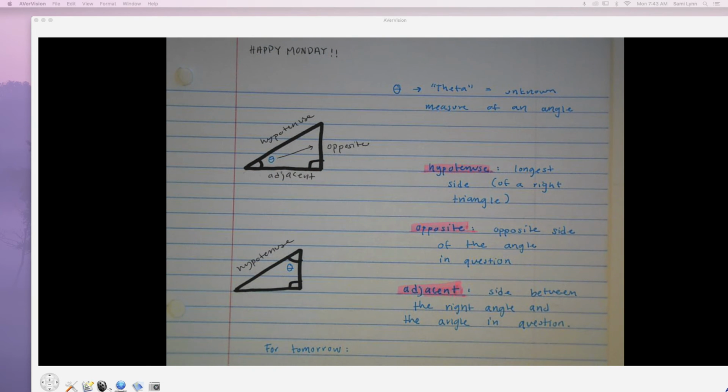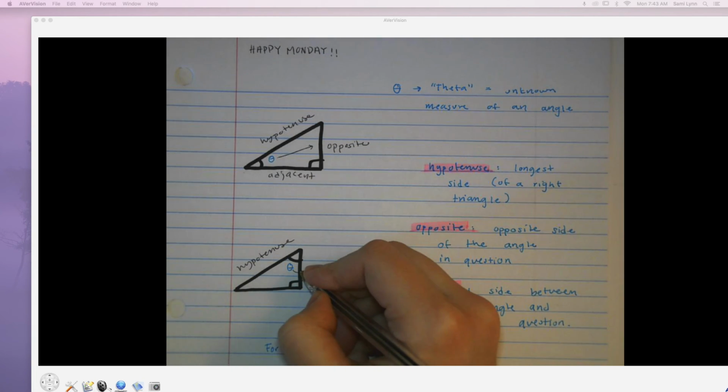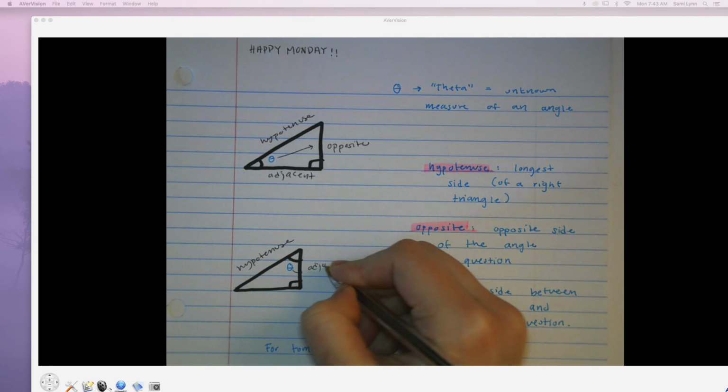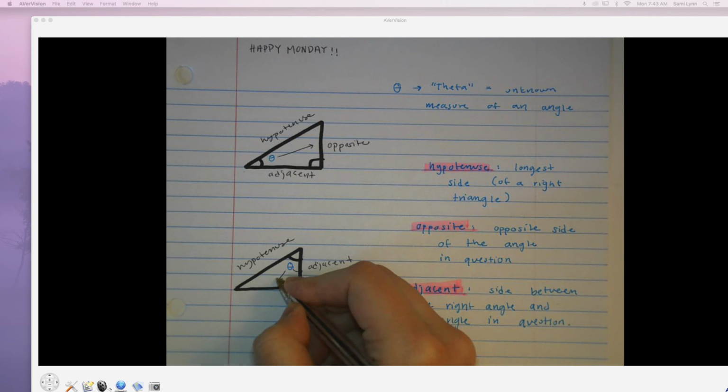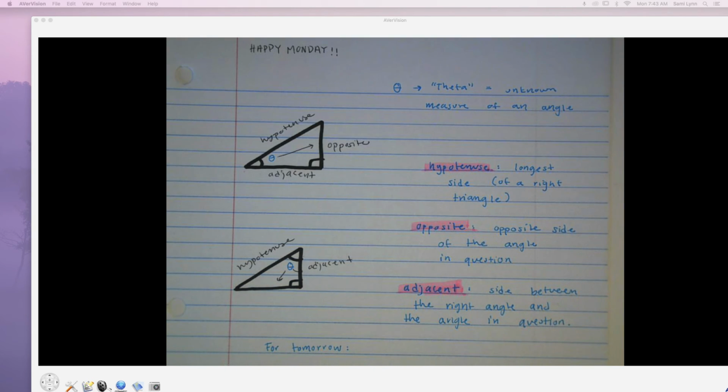Now how about we find adjacent first? Adjacent means between the right angle and the angle in question, or just right next to the angle in question. It's going to be this one. And then opposite, directly across from that angle in question, our unknown angle.